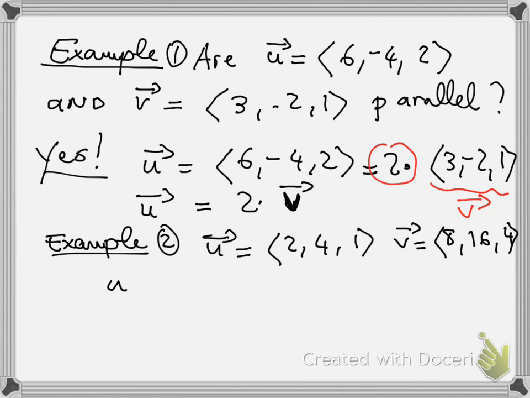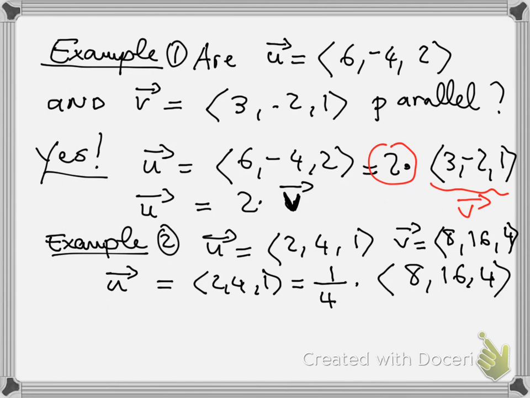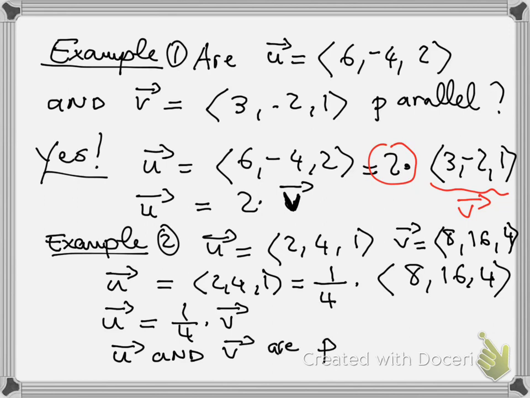Then u, which is 2, 4, 1, is actually 1/4 times v, times the 8, 16, and 4. So u is actually 1/4 times vector v. So yes, u and v are parallel.